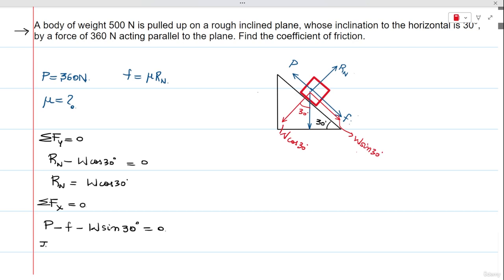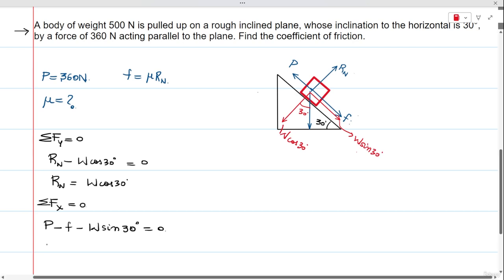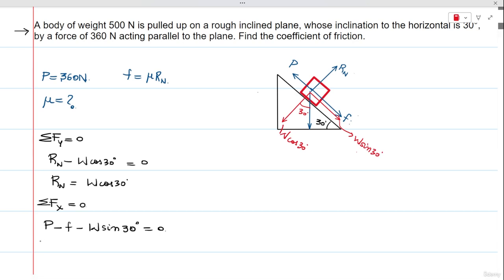So P here is 360 and F is mu times Rn, and Rn will be equal to 500 cos 30. So this is minus mu times 500 cos 30, minus 500 sin 30. This is equal to 0.